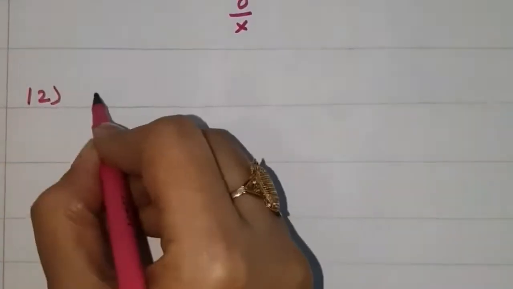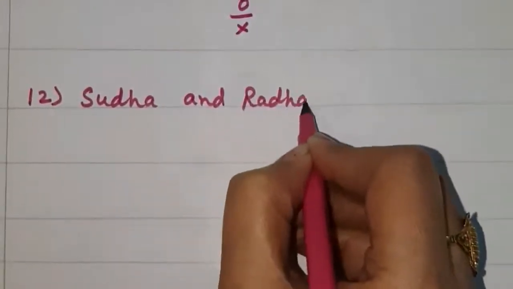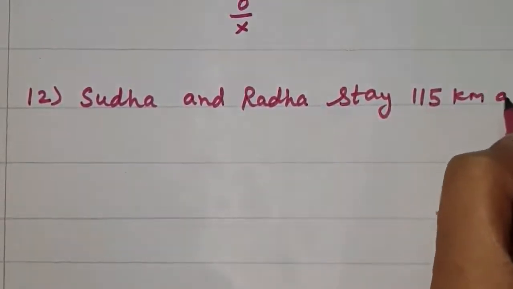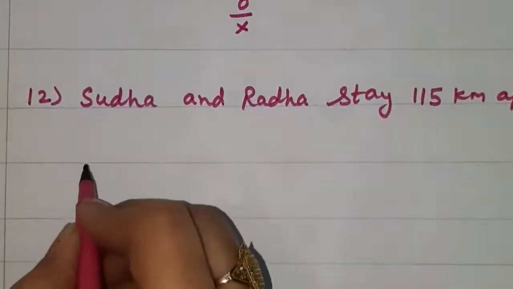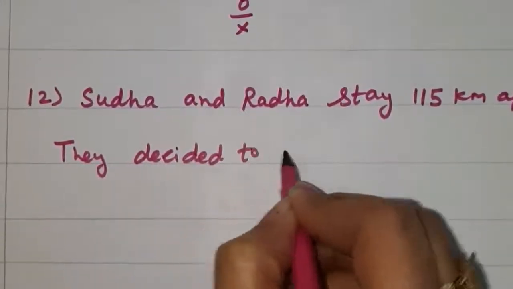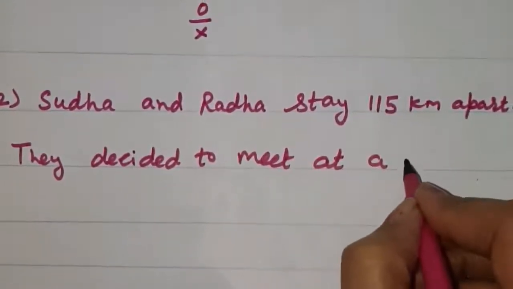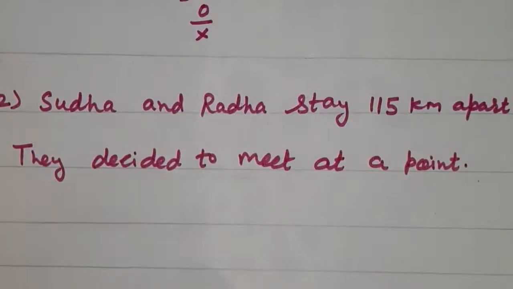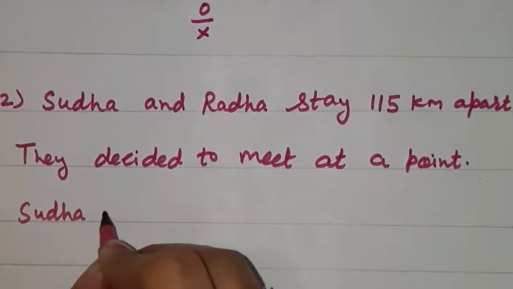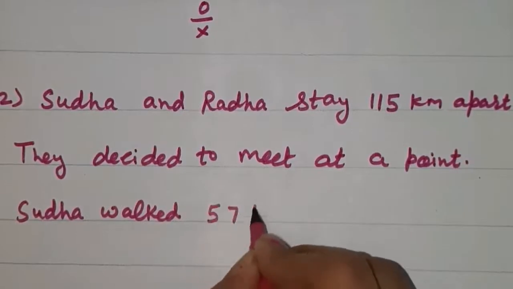Next question is question number 12. Sudha and Radha stay 115 kilometers apart. They decided to meet at a point. Sudha walked 57 kilometers.